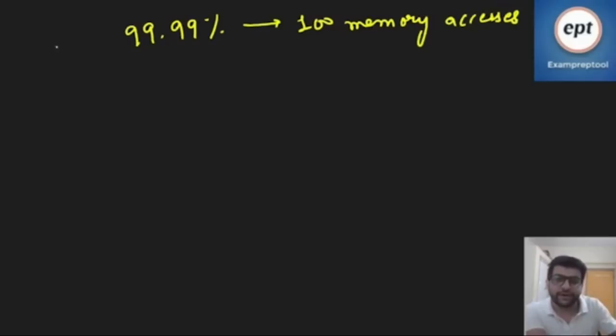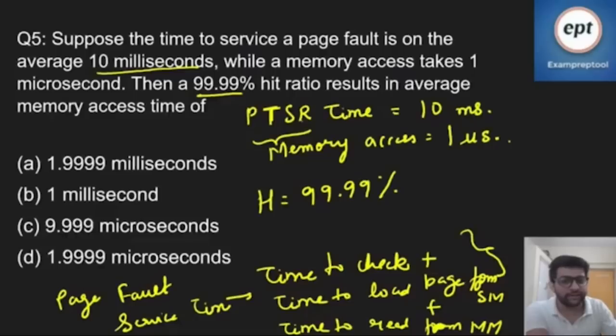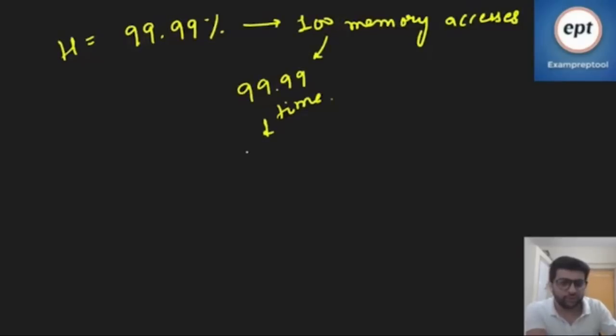If we have a hit ratio of 99.99, it means that out of these 100 accesses, 99.99 times, how much time did it take to get the page? It is equal to the memory access time, which is 1 microsecond.